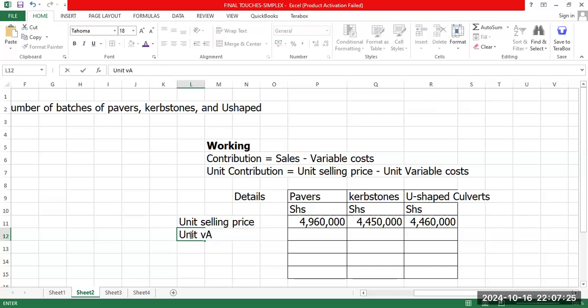Remember, you need to include all variable costs, starting from raw materials, direct labor, and other variable costs. All variable costs we include here. So we analyze and see what the variable costs are in the question.